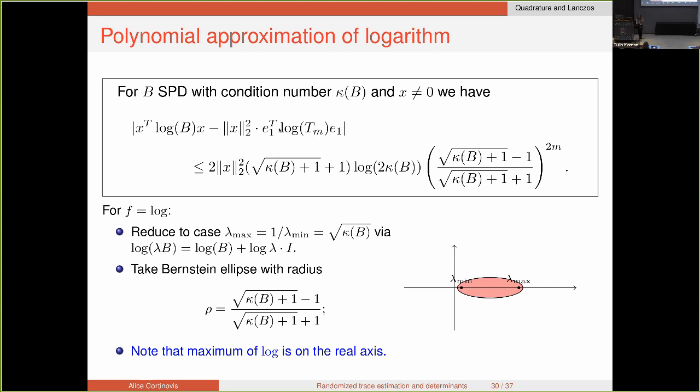This is the entry in position 1, 1 of the logarithm of the tridiagonal matrix, just rescaled by the squared norm of the vector. And here you get something which is more or less constant, and then this term to the 2m. So this is the convergence rate. This quantity converges exponentially.